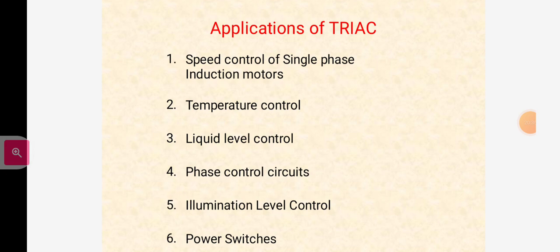It is used in temperature control circuits, liquid level controllers, phase control circuits, illumination level controls, and also in power switches.